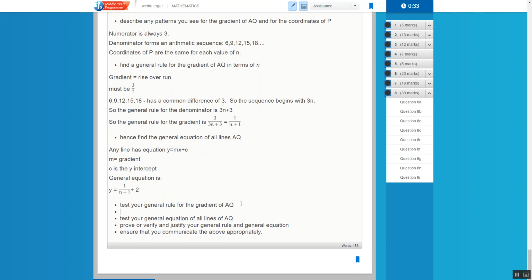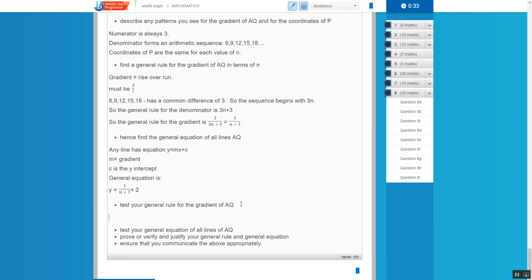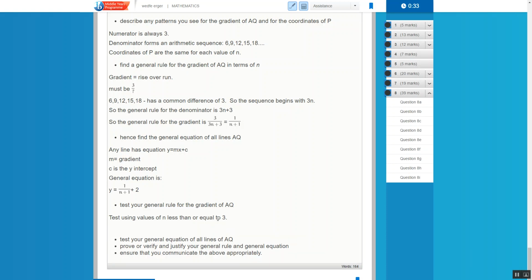Right, test your general rule for the gradient. Test using values of n less than or equal to 3. And if you test it correctly, you get 2 marks. Oh, and you know what the left hand side is? Anybody spot it? x. So we take our value of n.